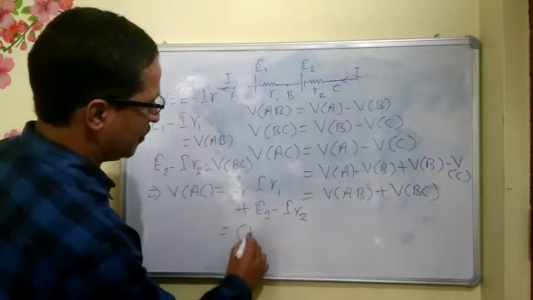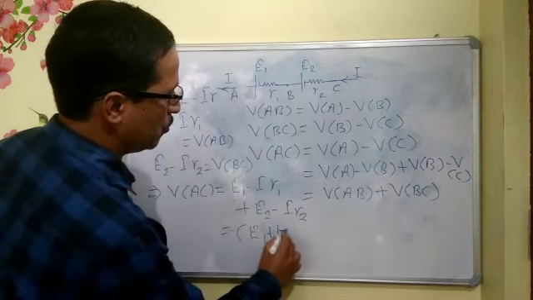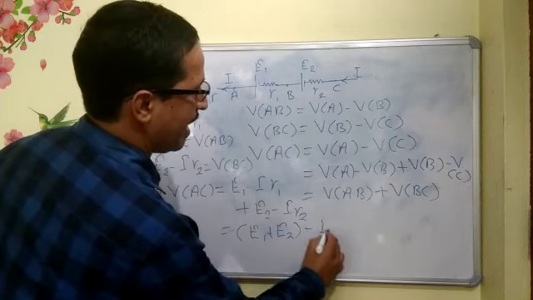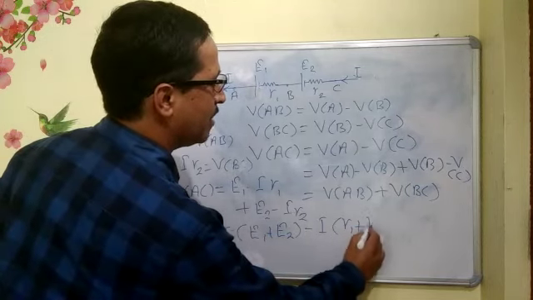This is equal to E1 plus E2 minus I into r1 plus r2.